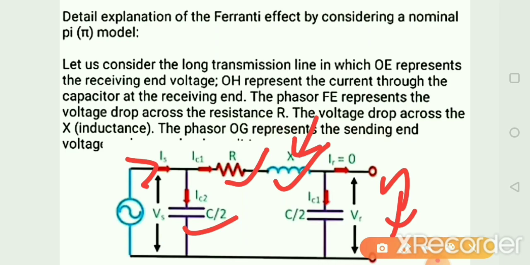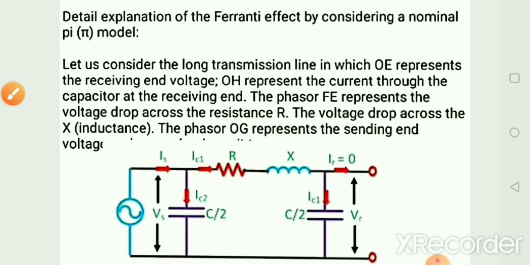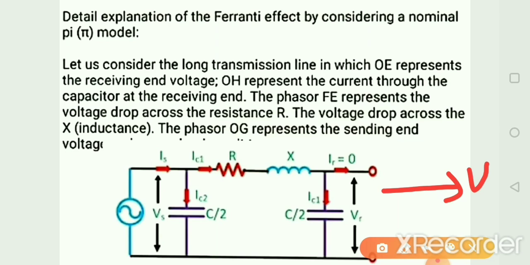Now if the capacitive part is more effective in this, then the current will be phase shifted from the voltage by around 90 degrees. We know that in the case of a capacitor, if we take voltage as the horizontal reference, then the current will be shifted by 90 degrees.